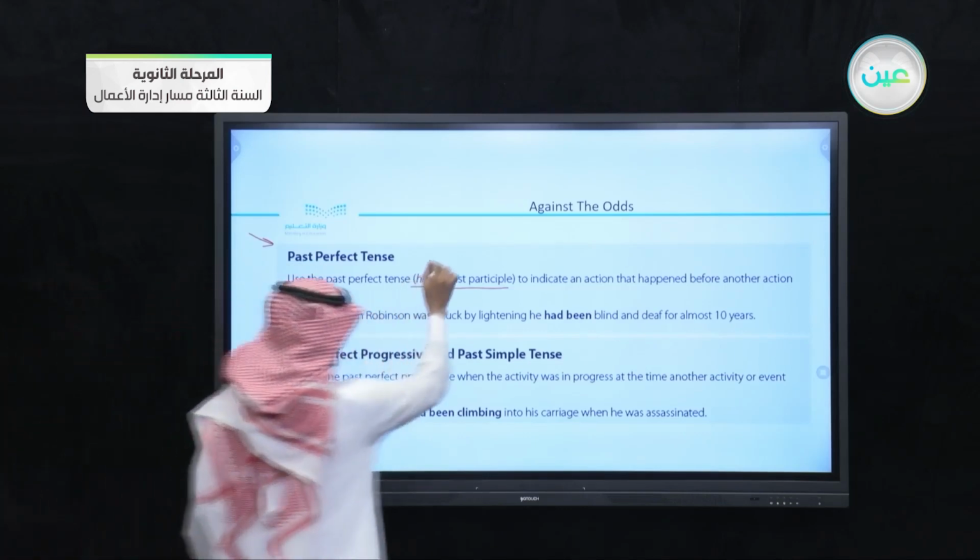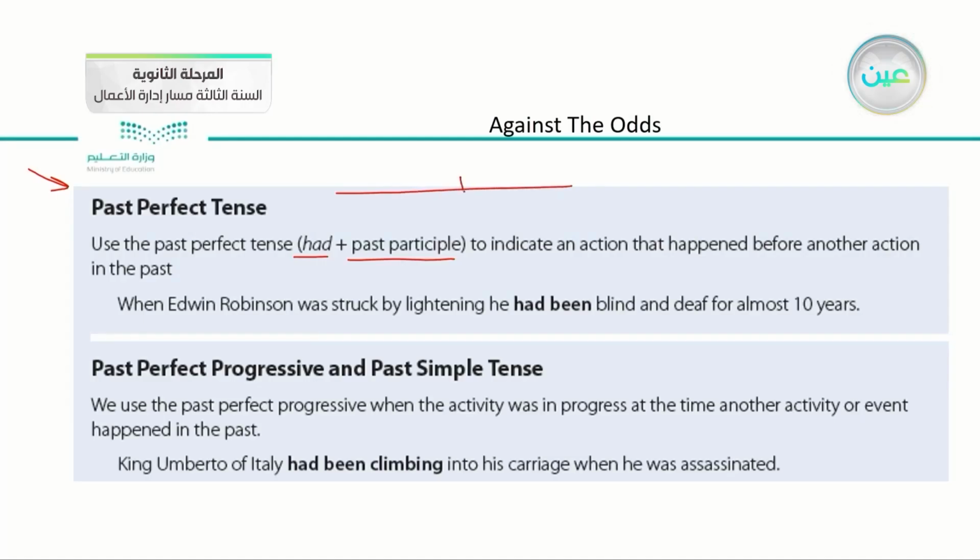So if we have a timeline, this is the present and this is the action in the past. Here happens the past perfect tense. This is present.